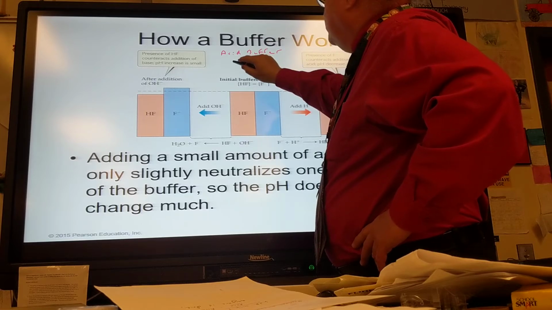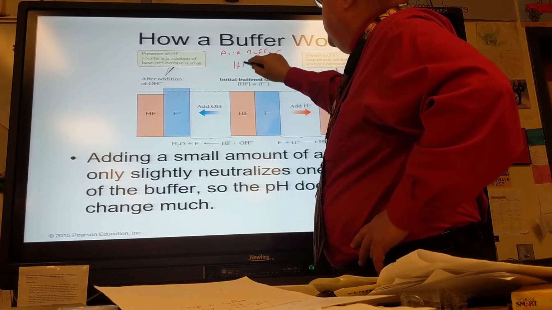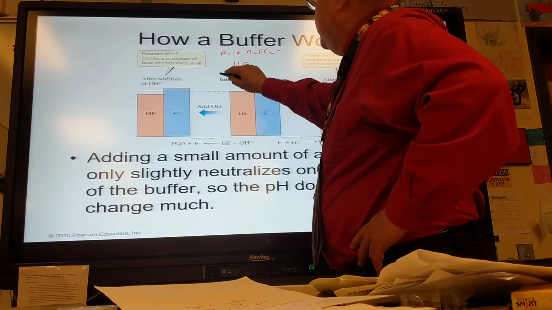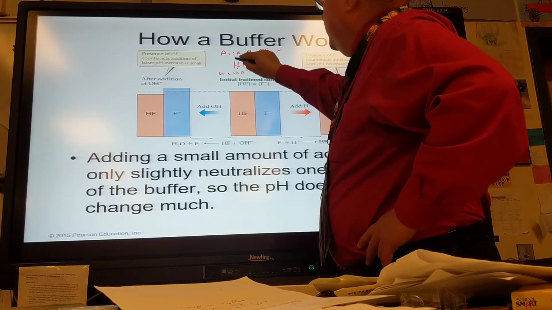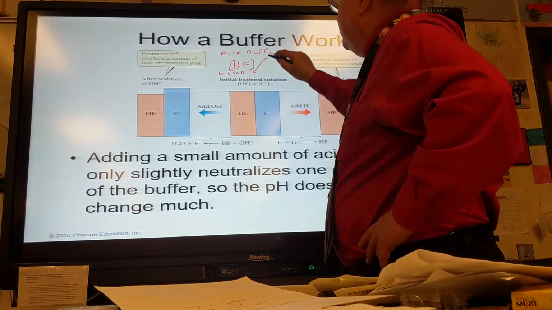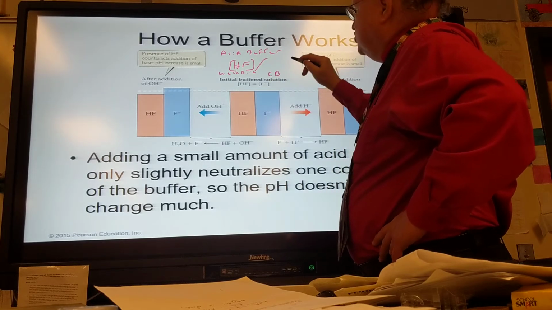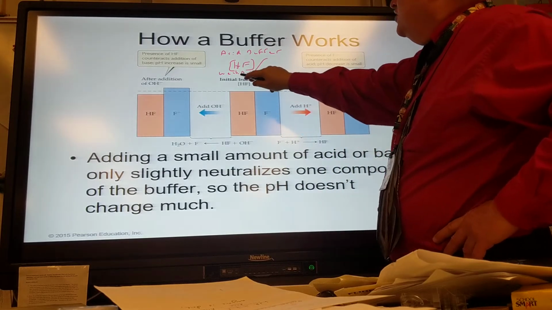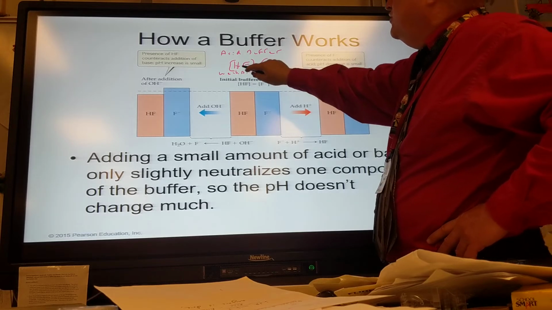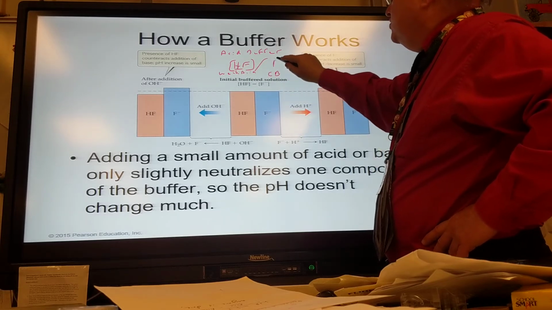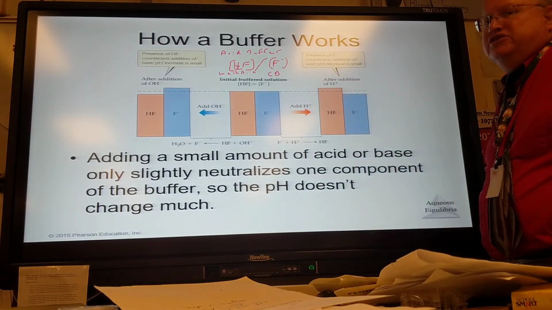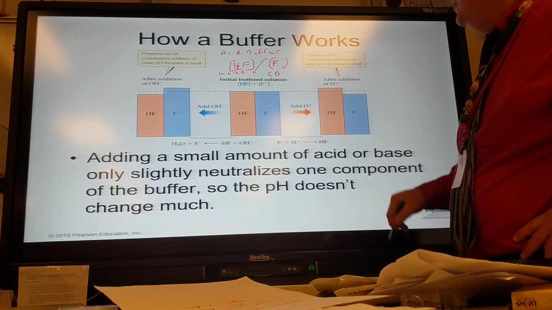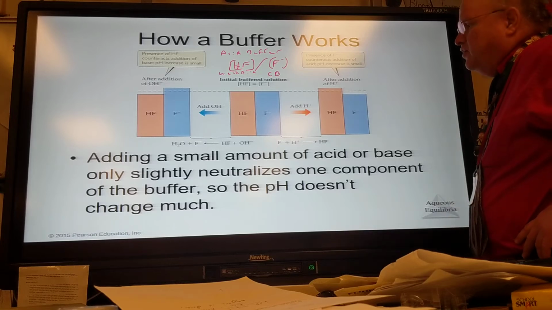I could start with HF, which is a weak acid. Now, if I asked you what's the conjugate base of that, which will also be weak, all you really have to do is take away the H. So it's fluoride. Weak acid, conjugate base. If you have that in appreciable quantities, you have a buffer.